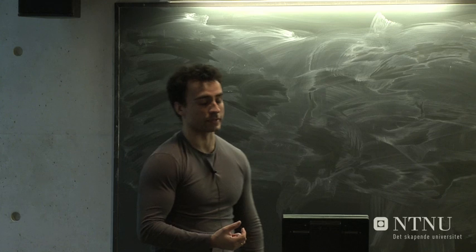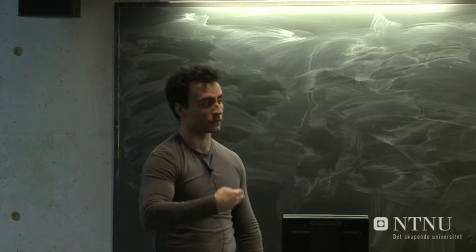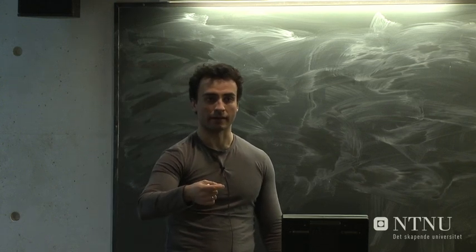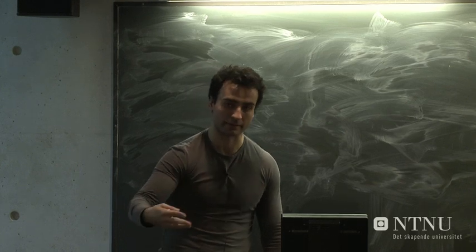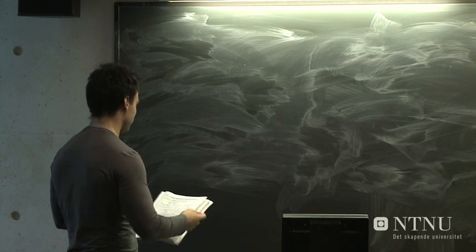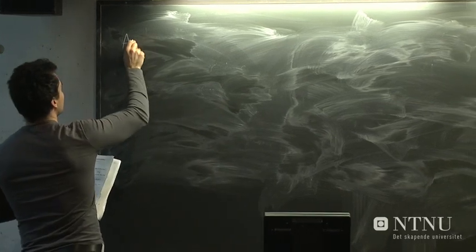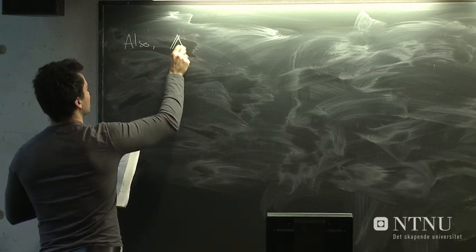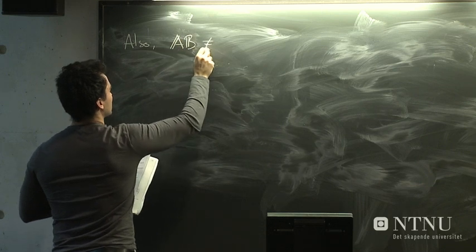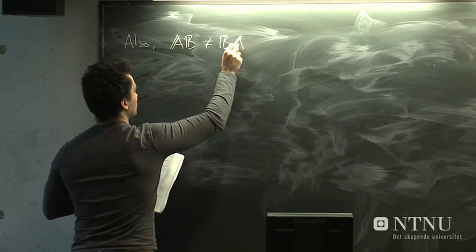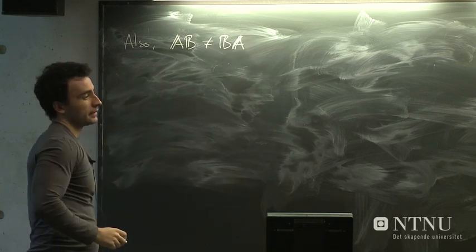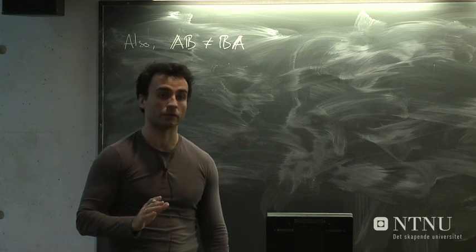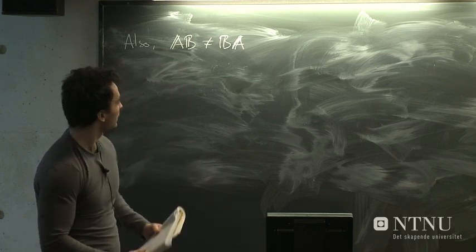So that's one thing which is very handy, that two successive transformations is the same as one effective orthogonal transformation. Also, it's important to be aware of the fact that A and B do not commute in general.